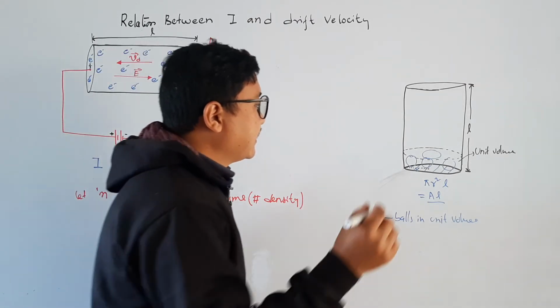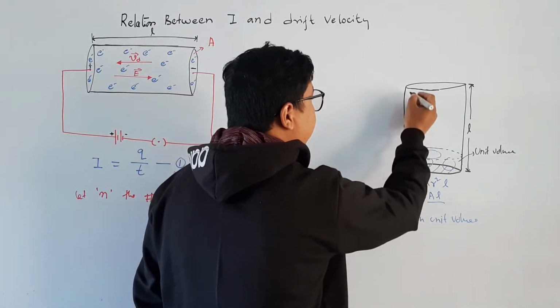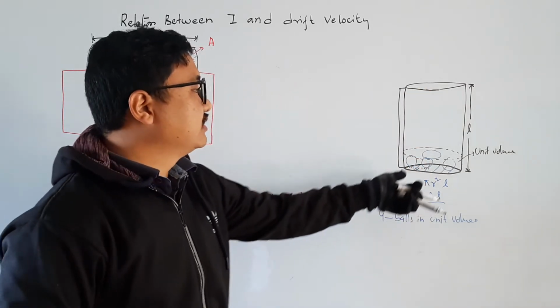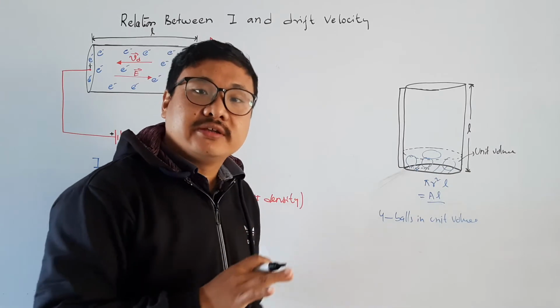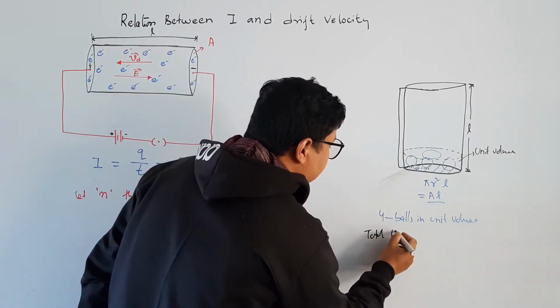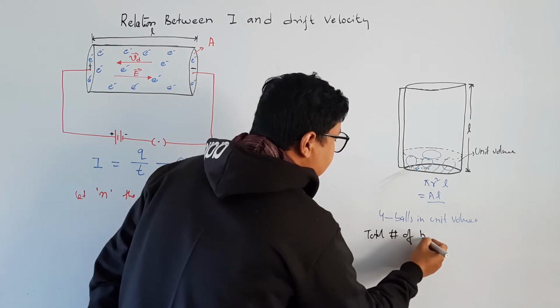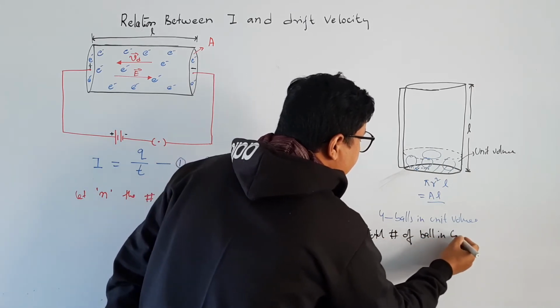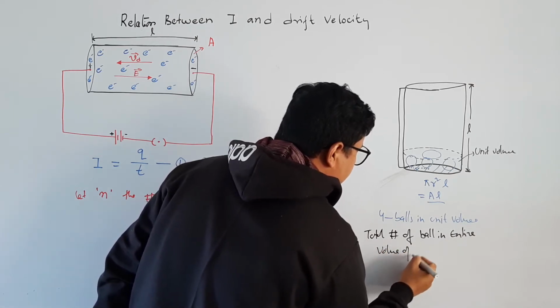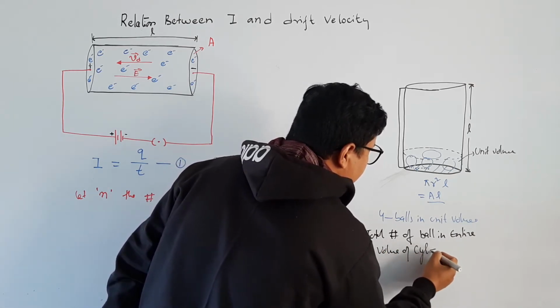If I have the whole volume, how many balls will be there in the whole volume? The total number of balls in the entire volume of the cylinder will be how much?